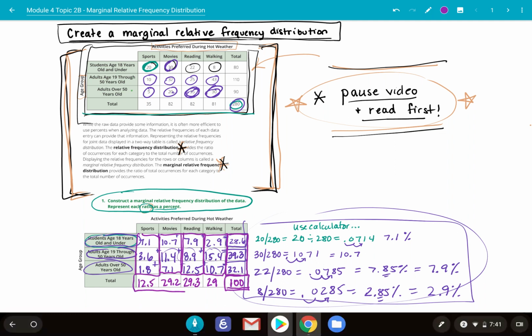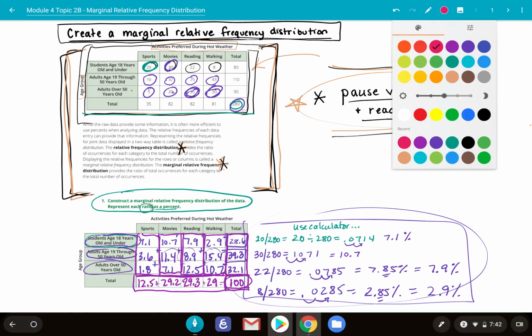And then you should check that this row also adds up to 100 here. So if I add these, it should equal 100. So let's check. 12.5 plus 29.2 plus 29.3 plus 29, it equals 100.